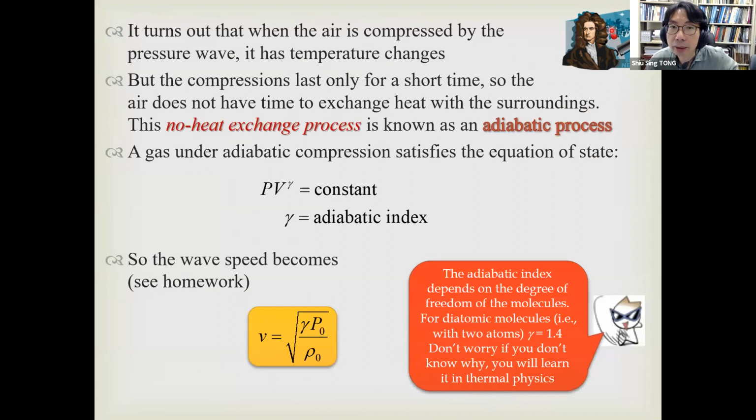It turns out that when air is compressed by the pressure wave, it has a temperature change. Imagine you have a bottle of gas and you compress it with a large force, just like you pump air into a tire, for example. You do work on it, right? When you do work, you input energy to the gas and the gas heats up. So when there's a compression, the temperature increases.